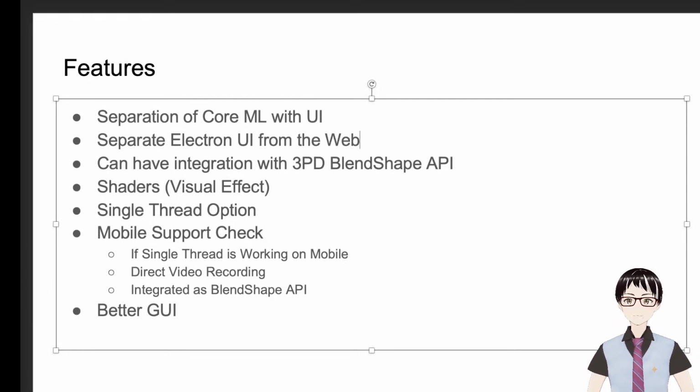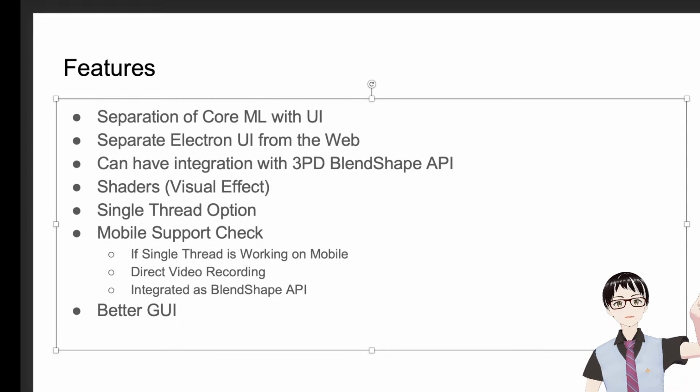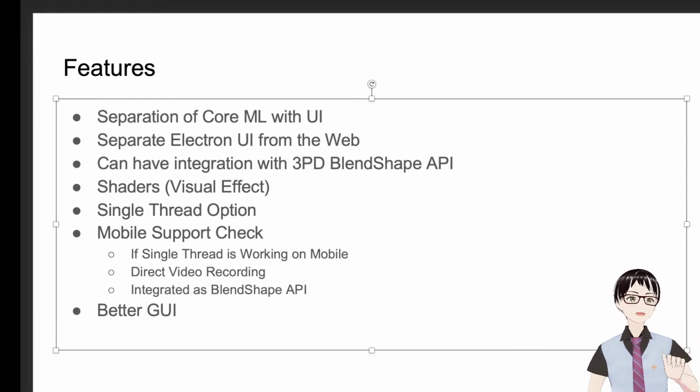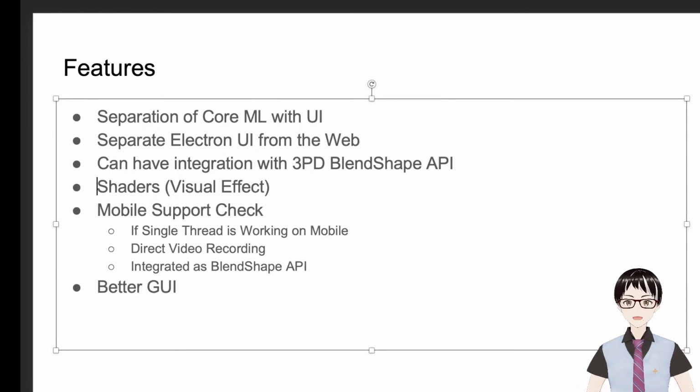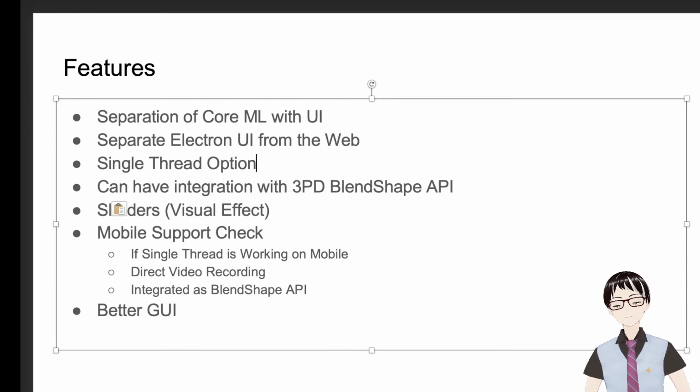Right, so here there are two separations that will lead us to better code. And have better integration with 3PD shader, single thread option. Single thread option, let's move it higher. I think single thread option is higher.